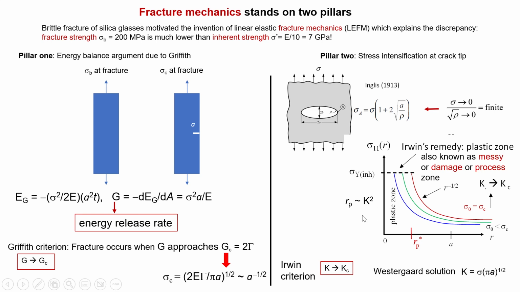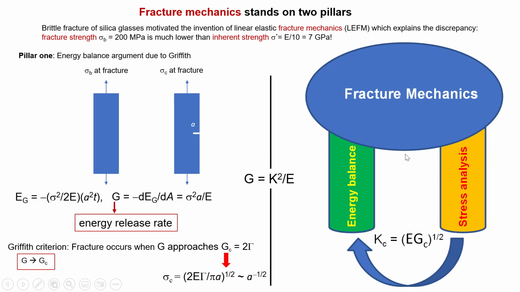And lo and behold, luckily we have this fabulous relationship between K and G. So allow me to say, we can forget about pillar 2. Let's just do pillar 1, because they are all related. Instead, I can simply compute what is happening this way.